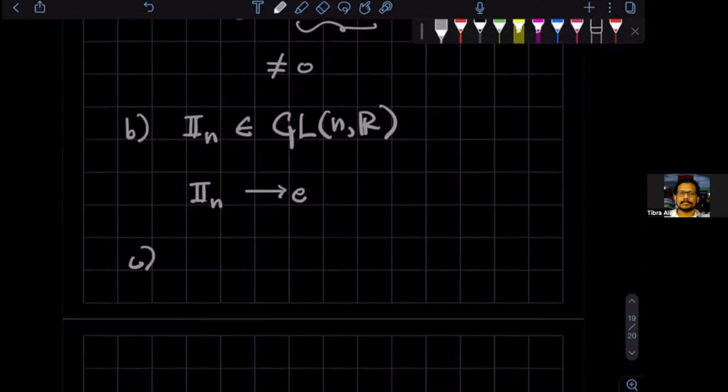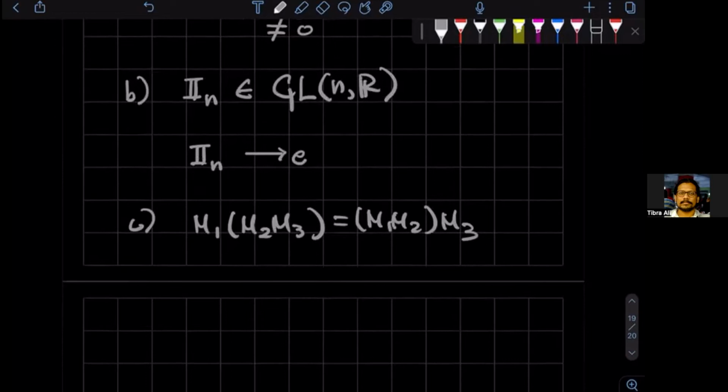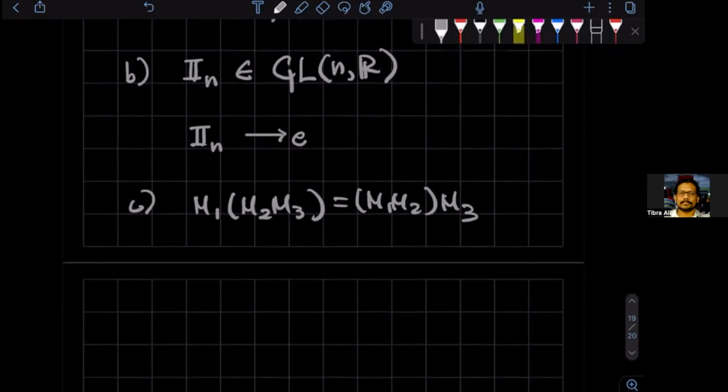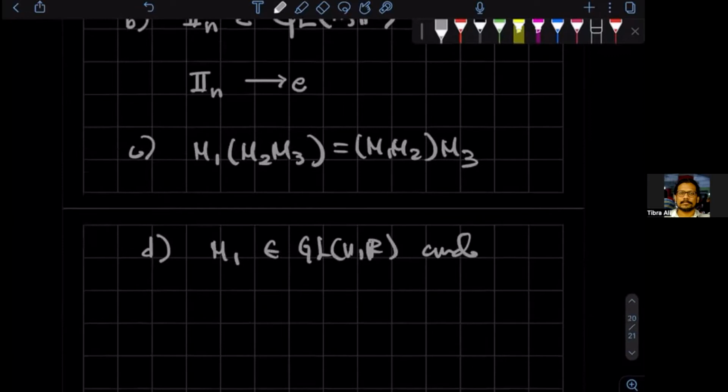Number C is that matrix multiplication is associative. So associativity is also satisfied. And number D is that if M1 is in GLNR, and since the determinant of M1 is non-zero, that means that the inverse matrix exists, right?